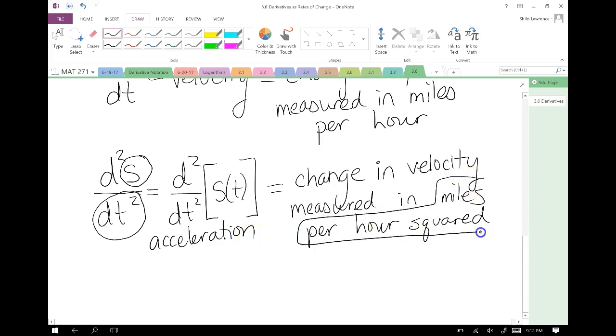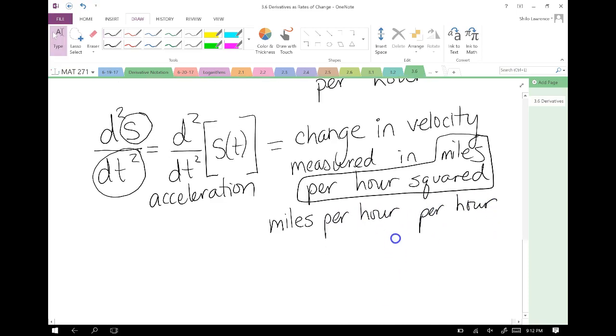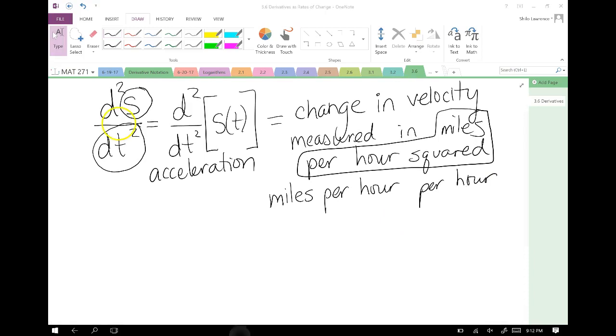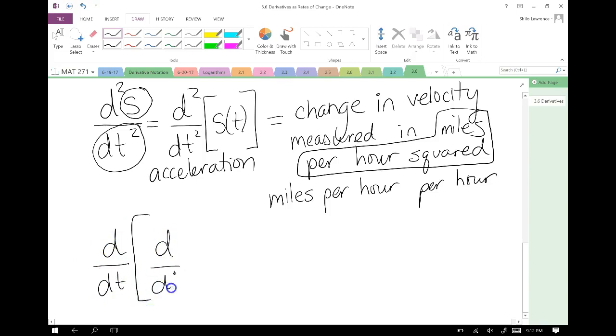Instead of miles per hour squared, sometimes I've seen in physics class some problems call it miles per hour and then per hour again, because we could separate those derivative notations and say d/dt of s of t.